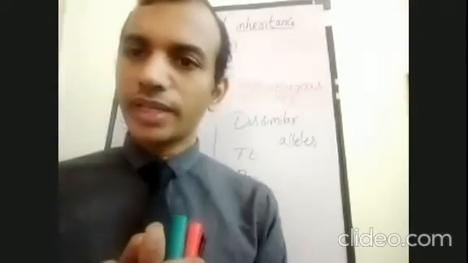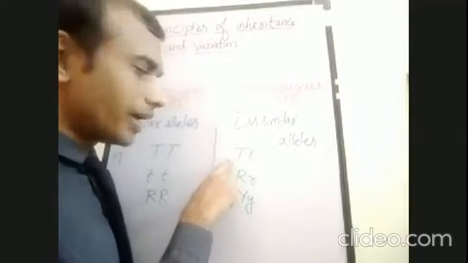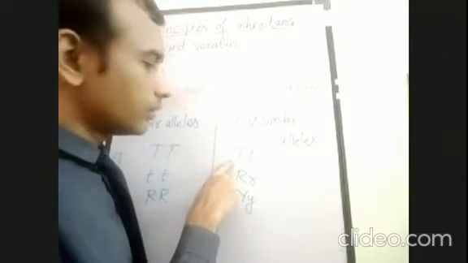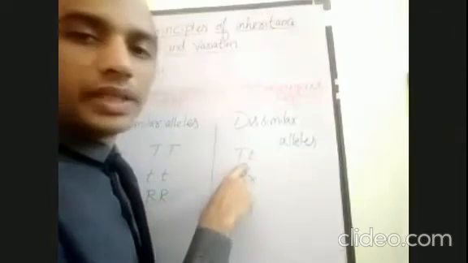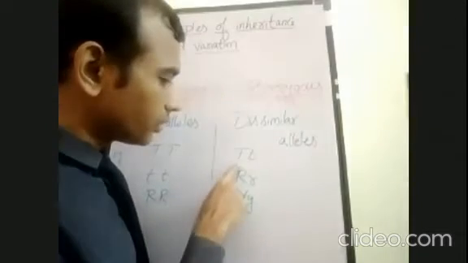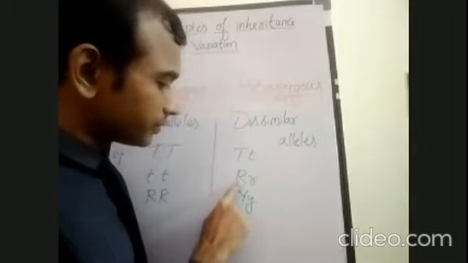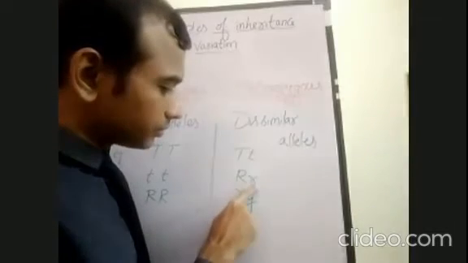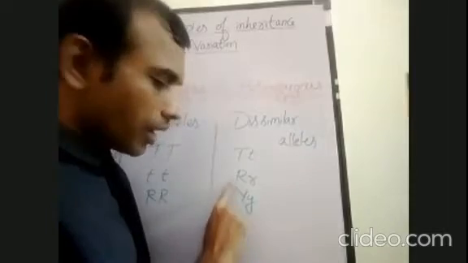Heterozygous means in an organism, there can be one allele of one type, another allele of another type. So two different kinds of alleles. We can see in this that two different letters I have written, capital R, small r. So uppercase, lowercase.